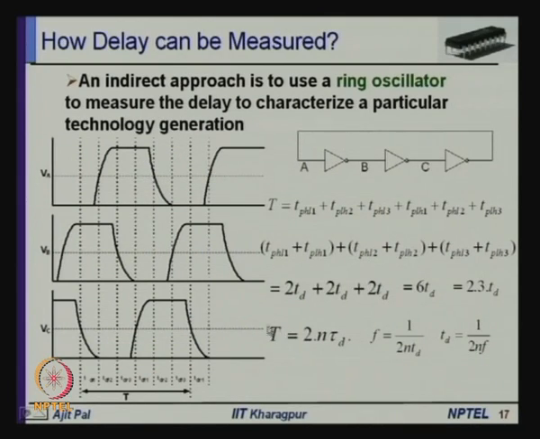Now, instead of T, we can express it in terms of the frequency of oscillation as well. So f is equal to 1 by 2nTD. Whenever we want to measure this delay, we can increase the time period by increasing the value of n.